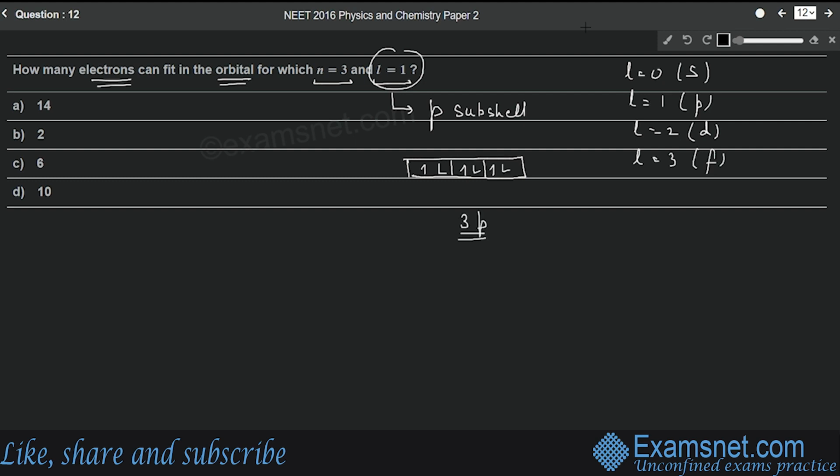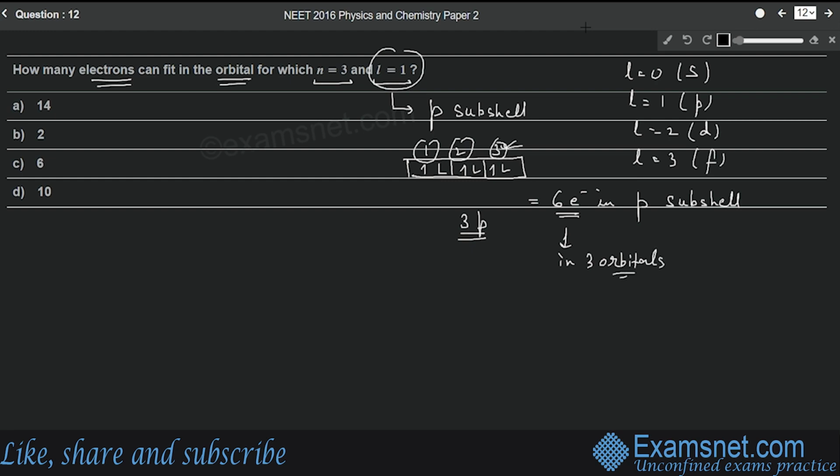Okay, and we can say that there are 6 electrons in the p subshell, but p subshell consists of 3 orbitals, right? This is orbital 1, this is orbital 2, this is orbital 3.